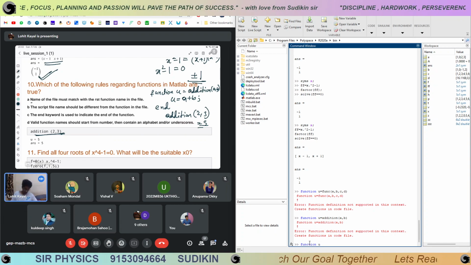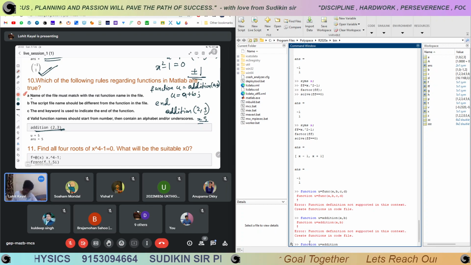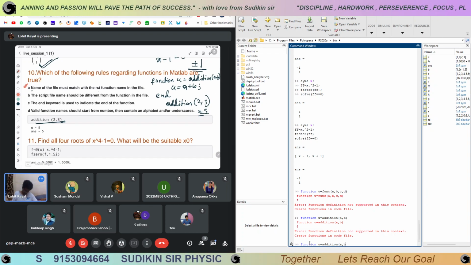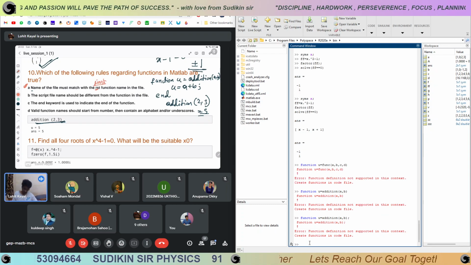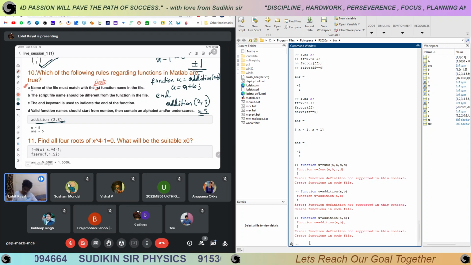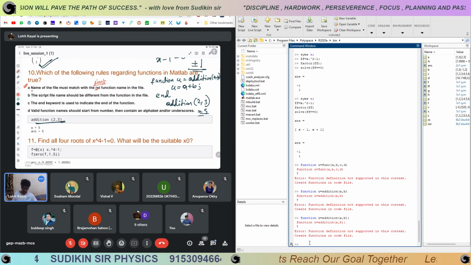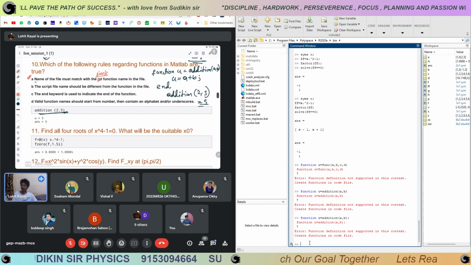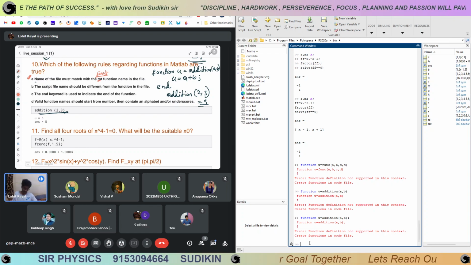So again, the first option is a true one. Name of the file must match the first function name in the file. Again, the script file name should be different from the function in the file. So if your function is addition, then the main script file you cannot save as addition.m. MATLAB will show an error. MATLAB cannot work in this manner.